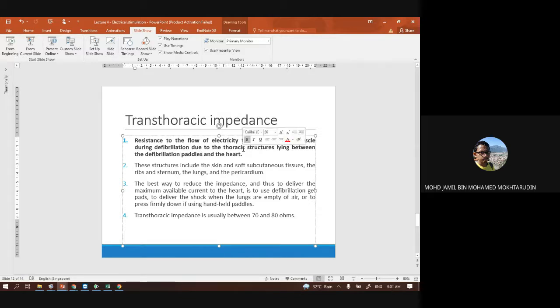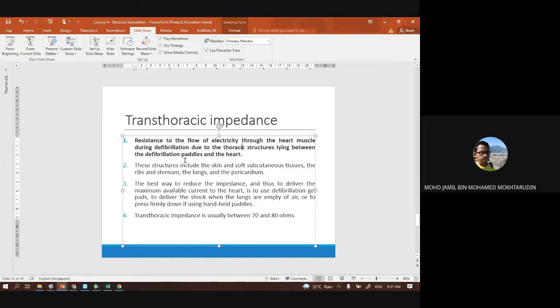Due to the lungs, the trachea and the rib cage, it causes resistance to the flow of current from the defibrillator to the heart. Macam penghalang, like something that prevents the current from flowing fully to the heart. So this structure produces resistance to the current flow.